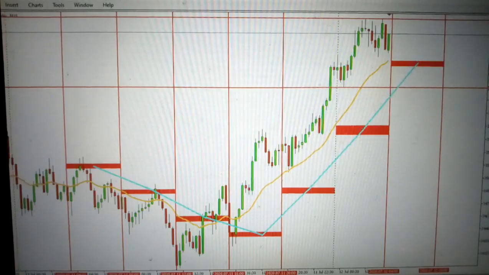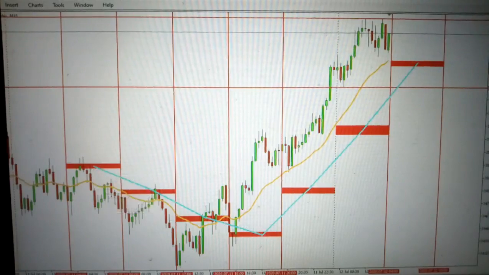Now we can see how price dropped up to this point, then we have a reversal as price starts to rise.